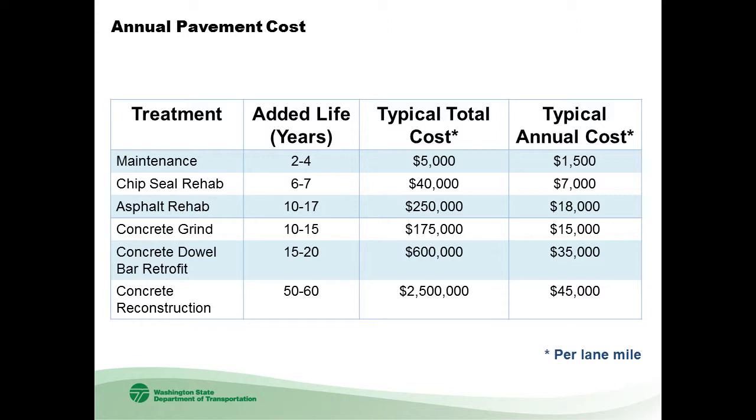And I also have a table similar to John's with our annual pavement costs. My numbers are quite similar to John's, but if we wanted to compare the annual costs between Oregon and Washington State, we have to ask the question, what goes into this total cost calculation?